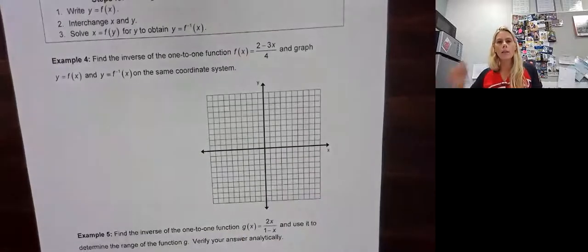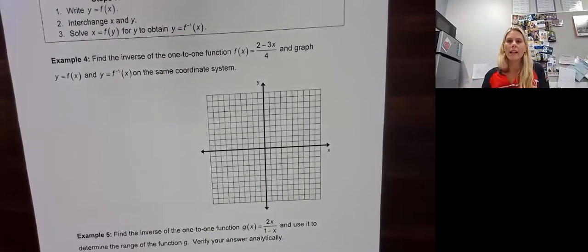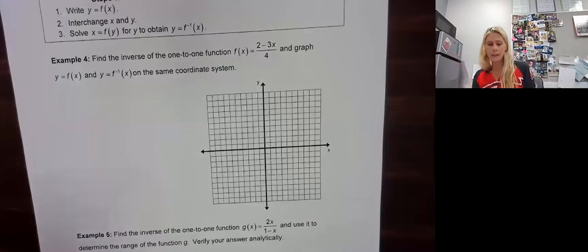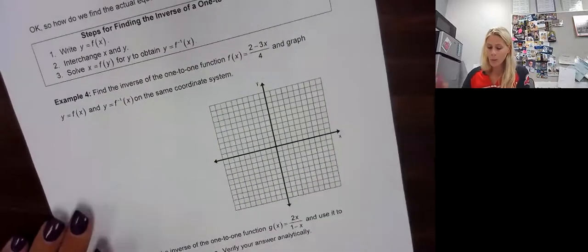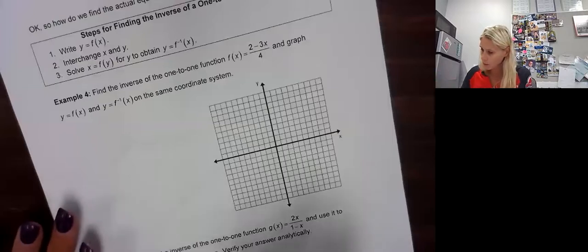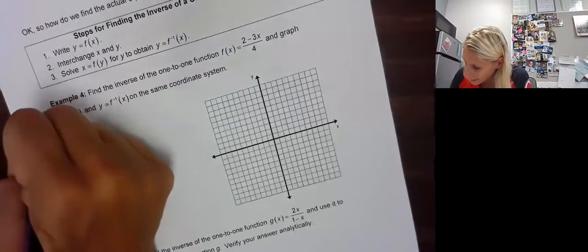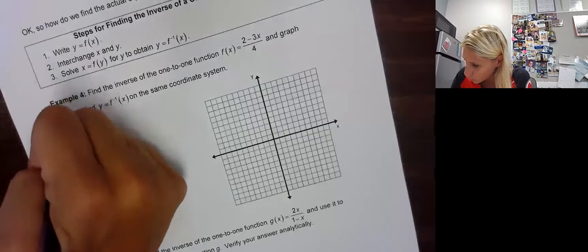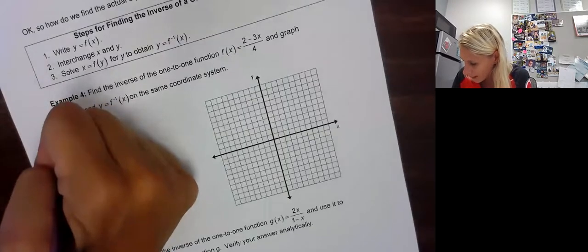Okay, so find the inverse of the one-to-one function f of x equals (2 minus 3x) over 4, and graph y equals f of x and y equals the inverse. One of the things I want to show you is that we should know from the past that we can change x and y and solve. Remember that f of x is saying y equals (2 minus 3x) all over 4.